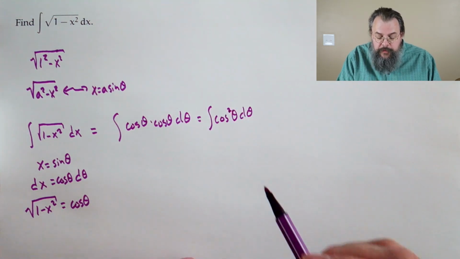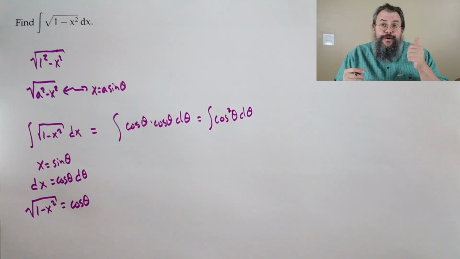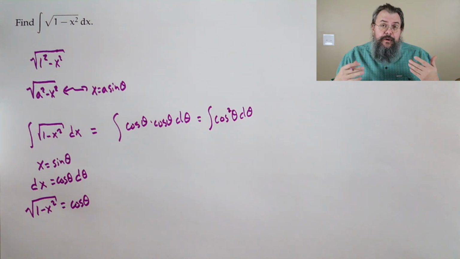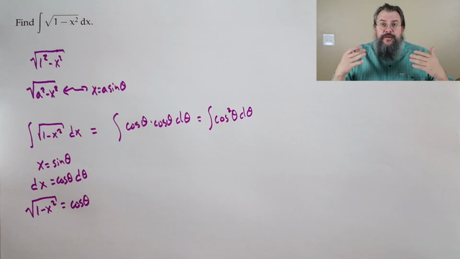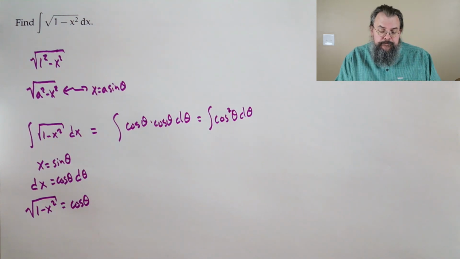So we've transformed. We started way back, well, not that far back, with the square root of 1 minus x squared. It's like, okay, we no longer have a square root problem. Now we've turned it into a trig integral, and we say, well, now we have a trig problem. How do we go about integrating cosine squared? So for this, we say, all right, well, let's power reduce it, right?